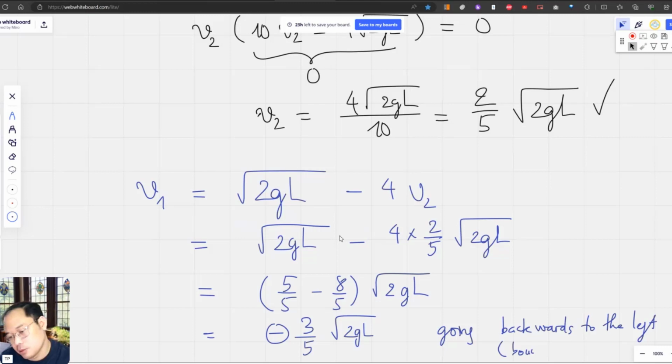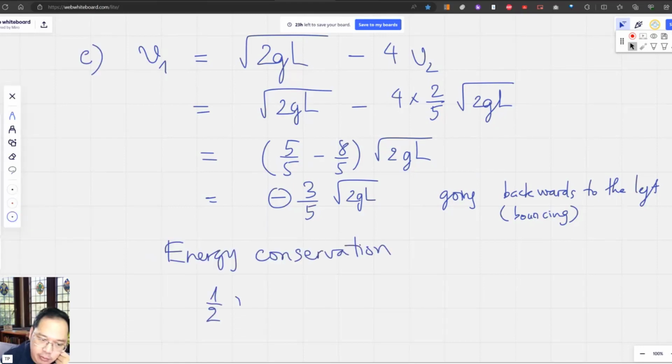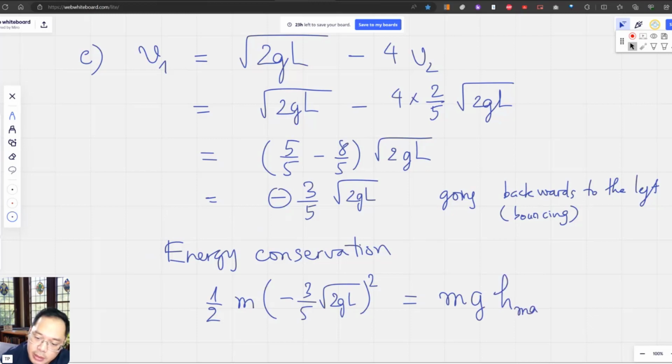Bouncing back. So now use the conservation of energy again. With kinetic energy 1/2 the mass of the ball times the square of the speed, 3 over 5 of the square root of 2gL, this kinetic energy converts totally into potential energy, mg times the new maximum height that we want to find.